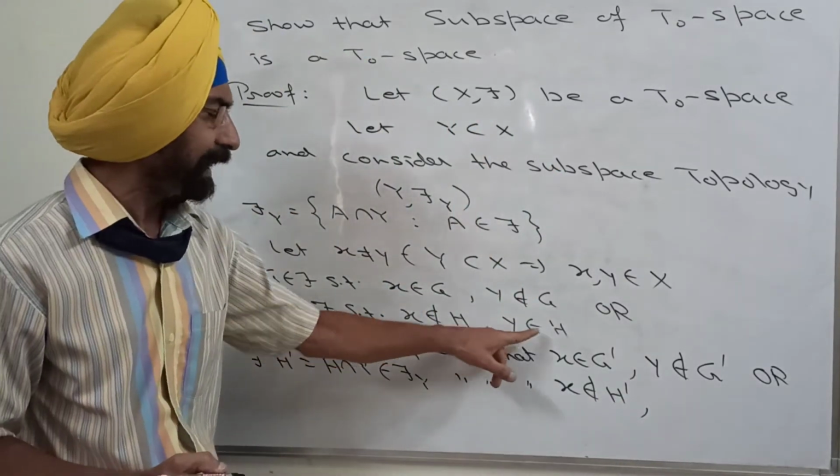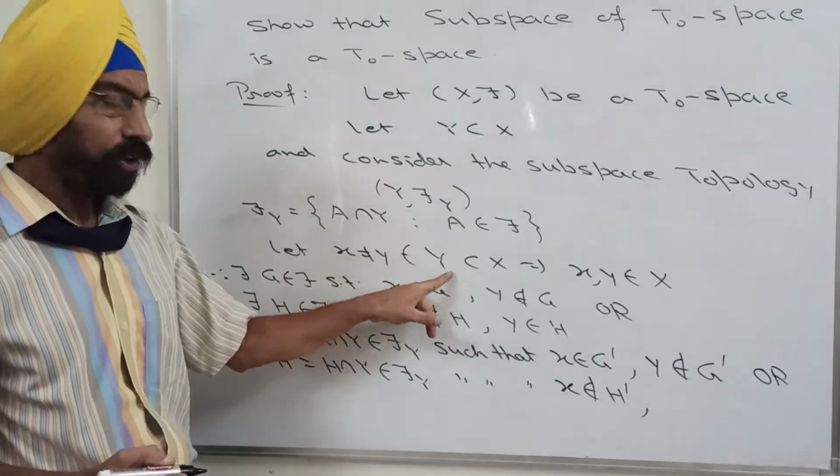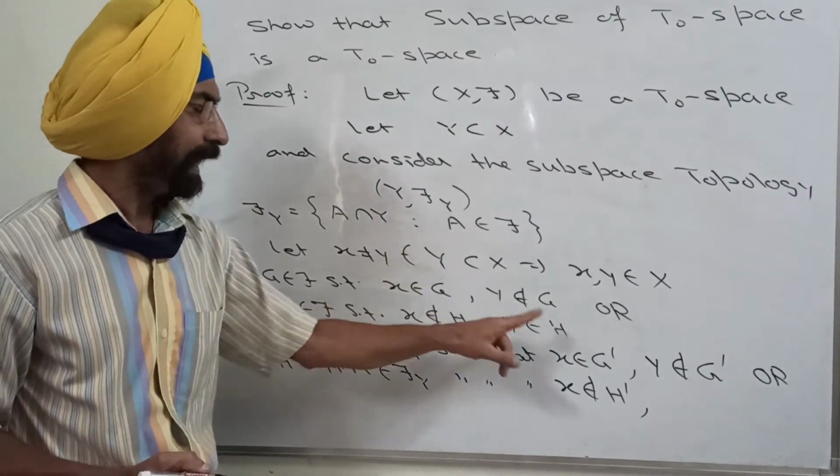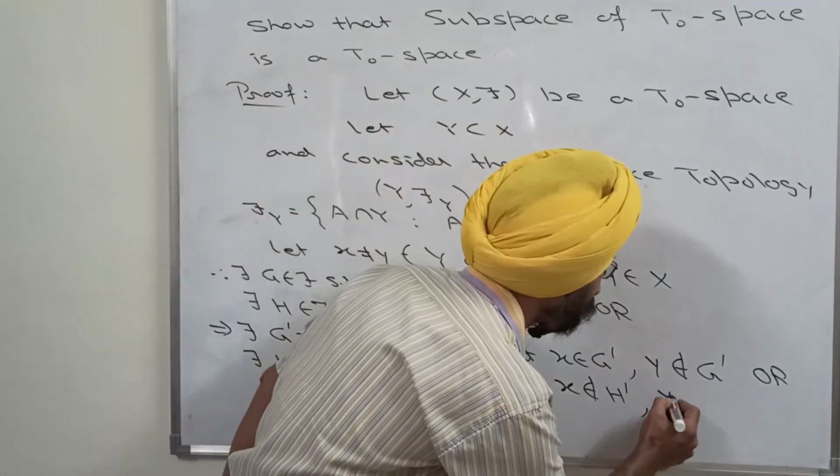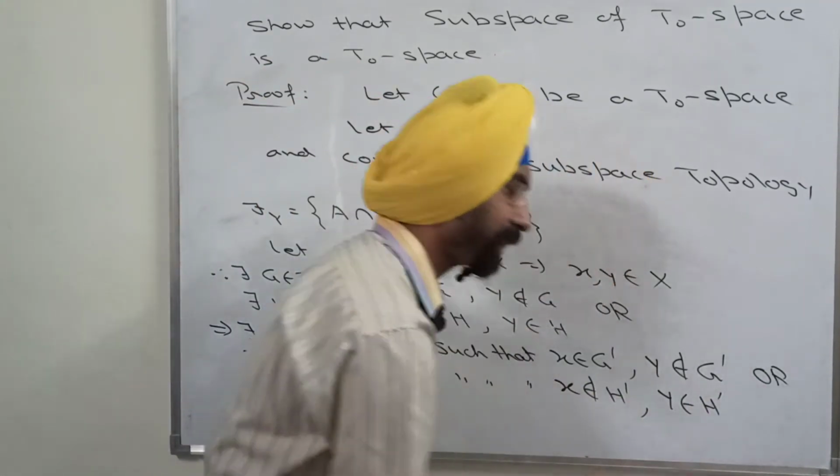And your Y is in H, Y is also in Y, so Y will be a member of H intersection Y, and H intersection Y is H dash. So your Y belongs to H dash.